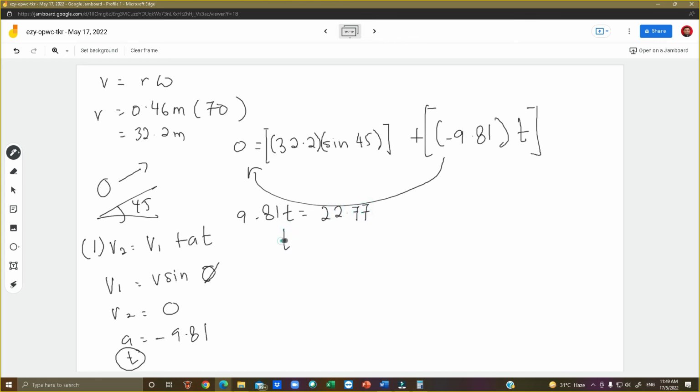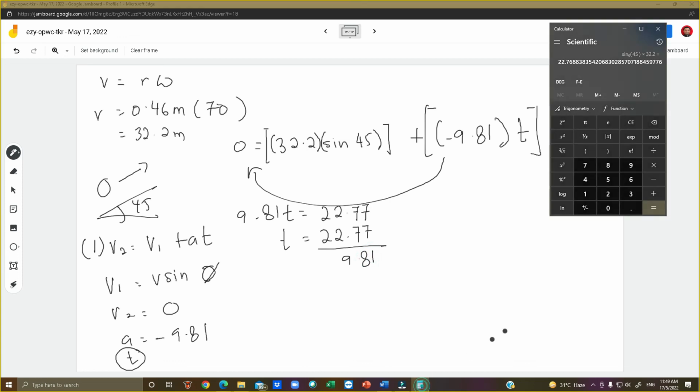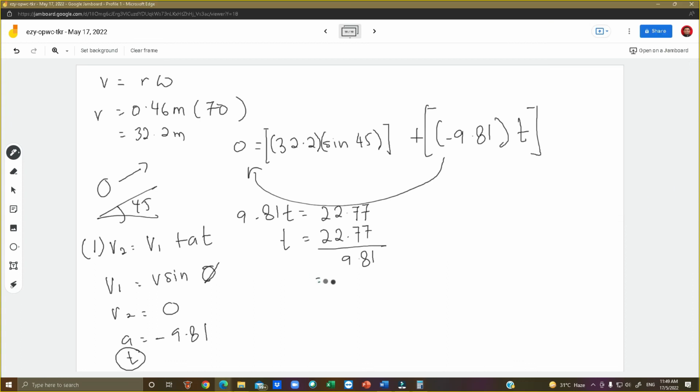So T equals 22.77 divided by 9.81. We have 2.32 second. And this is actually T up. So the total T equals T up plus T down.